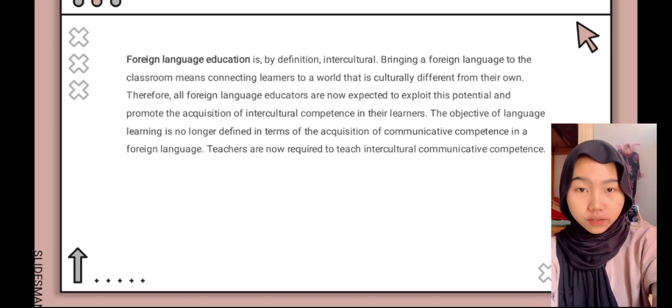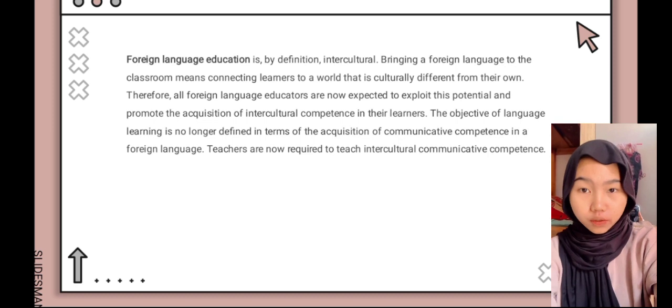Change is not exclusive or selective in terms of the sectors of society it affects. Industry, health, politics, and business are affected, but education in particular. For example, in many parts of Europe, as elsewhere in the world, the presence of children from ethnic and linguistic minorities in schools is a daily phenomenon.